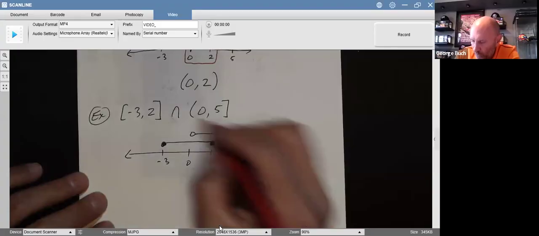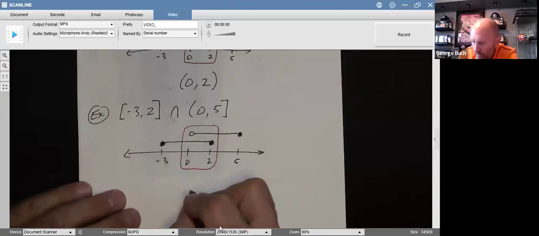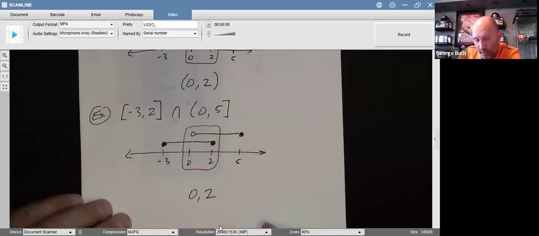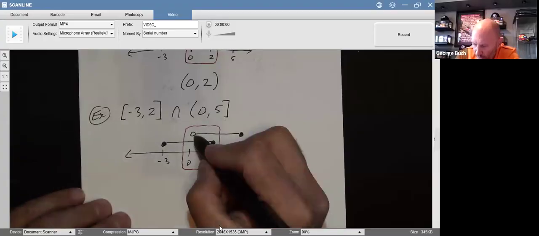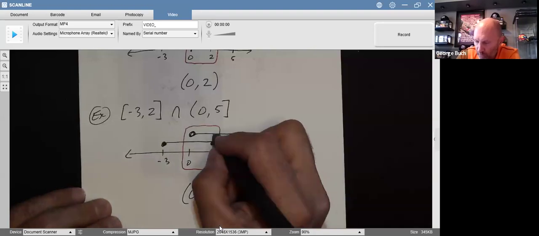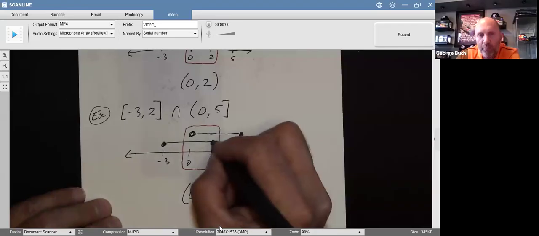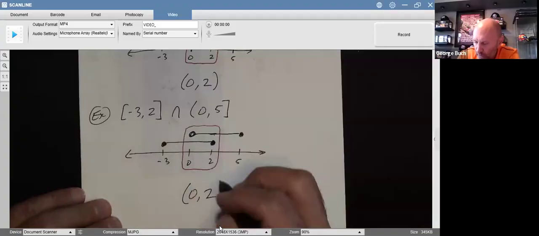Intersection, overlap, well, the overlap is still here from 0 to 2. And now let's check. Does it get a parenthesis or does it get a bracket? Well, open circle, that wrecks everything. So because there's an open circle here, 0's never included. So it gets a parenthesis. But 2 now, 2 is included here in the number line, in this line, but because it's also included as an endpoint here with a closed circle, because it's in both, it now gets included.